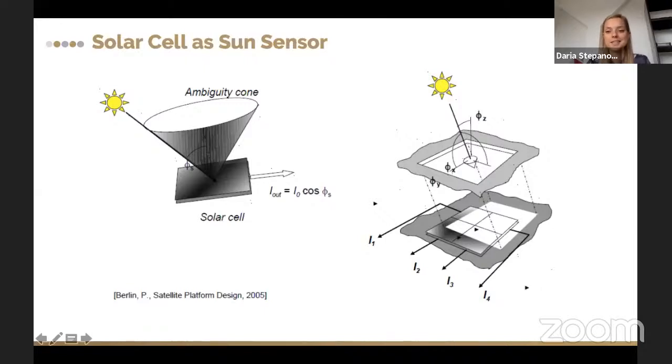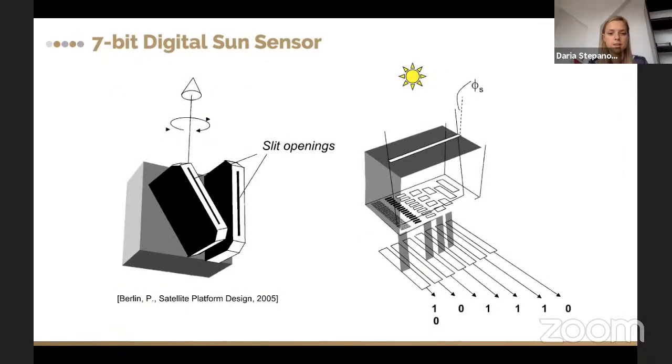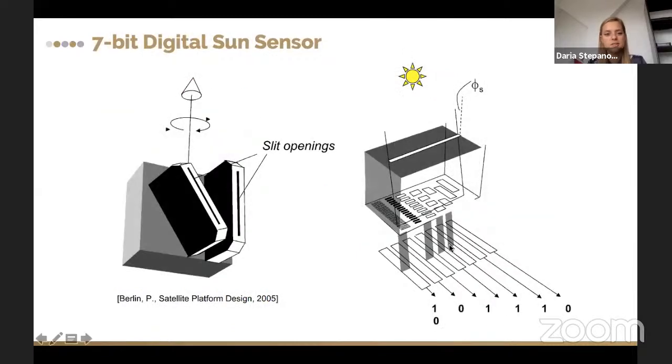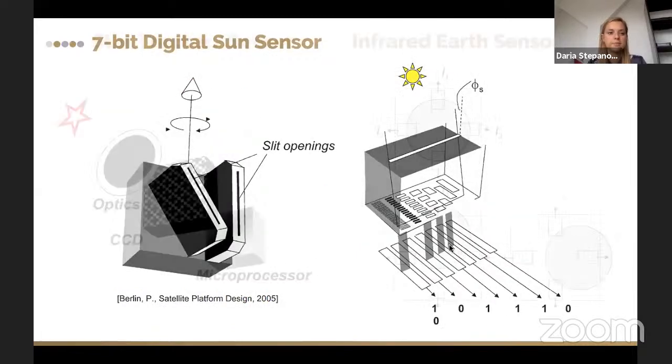The sensor generates currents, and based on the currents, we can evaluate two angles of projection of the sun. There can also be digital sun sensors, and these openings can be done in a really advanced and tricky way, thus giving more information, not just several currents, but many more currents, and the precision can be much higher.